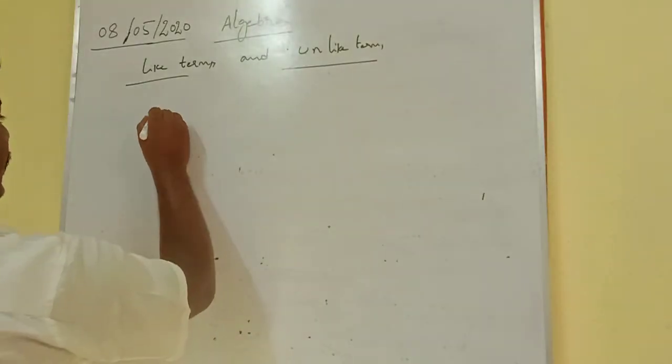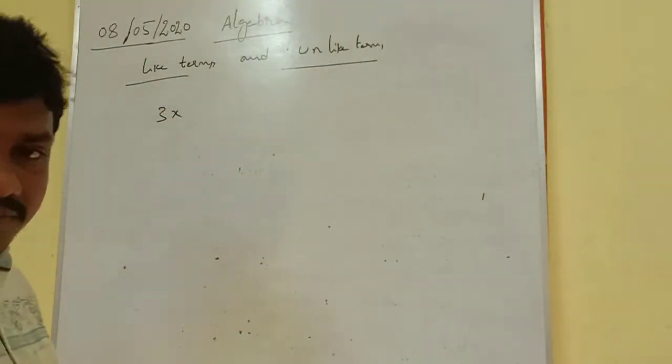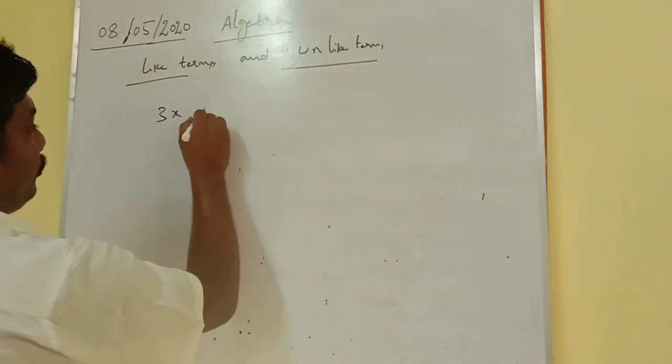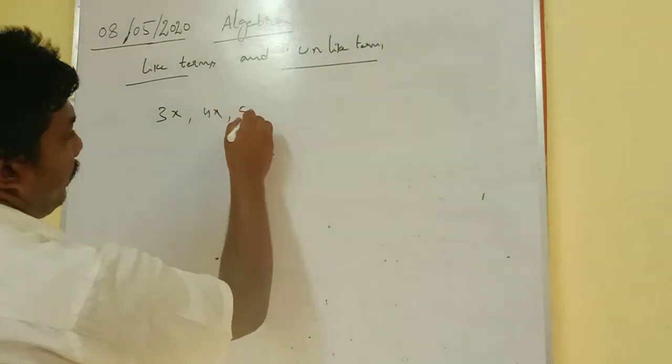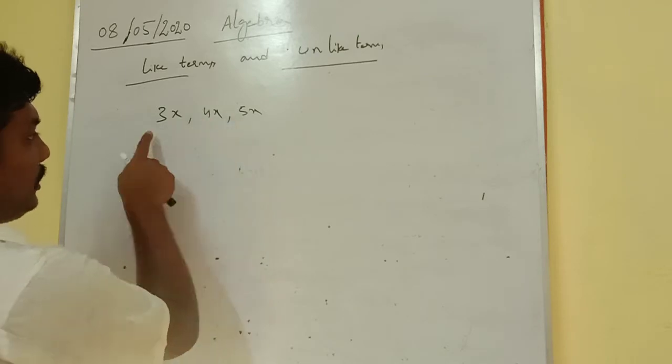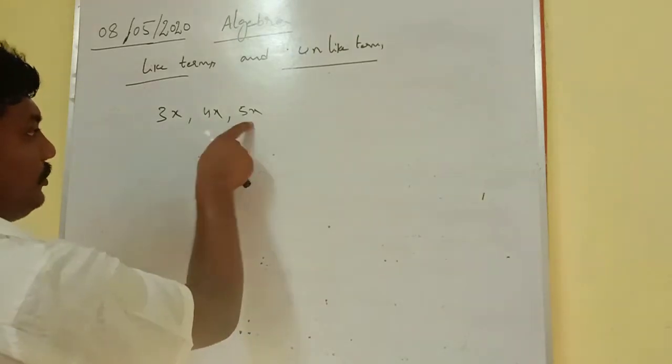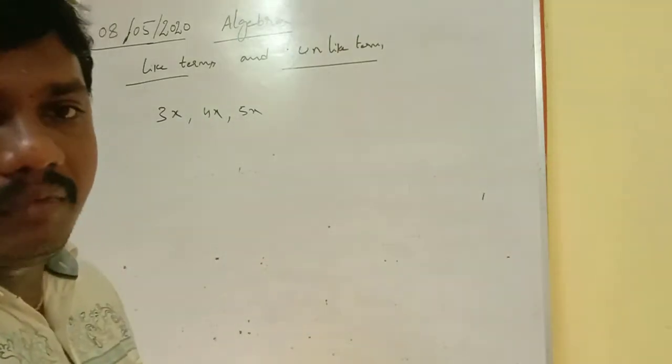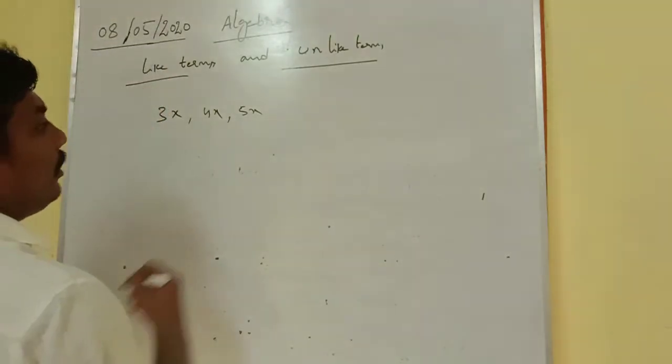Suppose 3x is an algebraic term. You can take 4x, 5x, and so on. Even though the numerical coefficients are different, the variable parts are the same, so they are like terms.